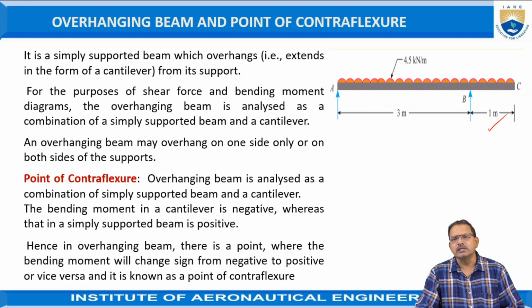Since we are considering it a combination of cantilever and simple supported beam, at some point the bending moment acting on the beam changes sign from positive to negative or negative to positive. The point at which it crosses the axis of the beam, where the bending moment changes its sign, is known as the point of contraflexure.